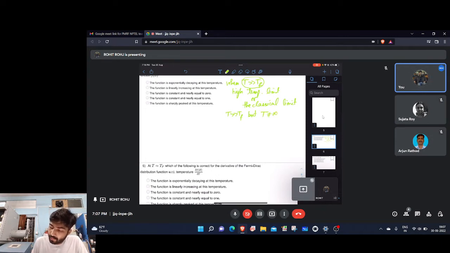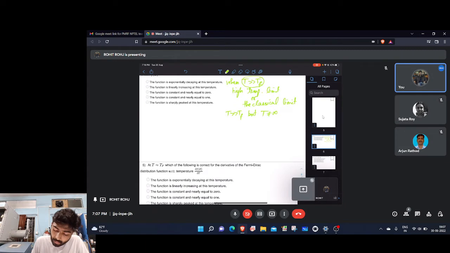Okay, so what also we can say here, that at these high temperatures lots of high energy states are occupied, that is, energy would be much larger than EF.